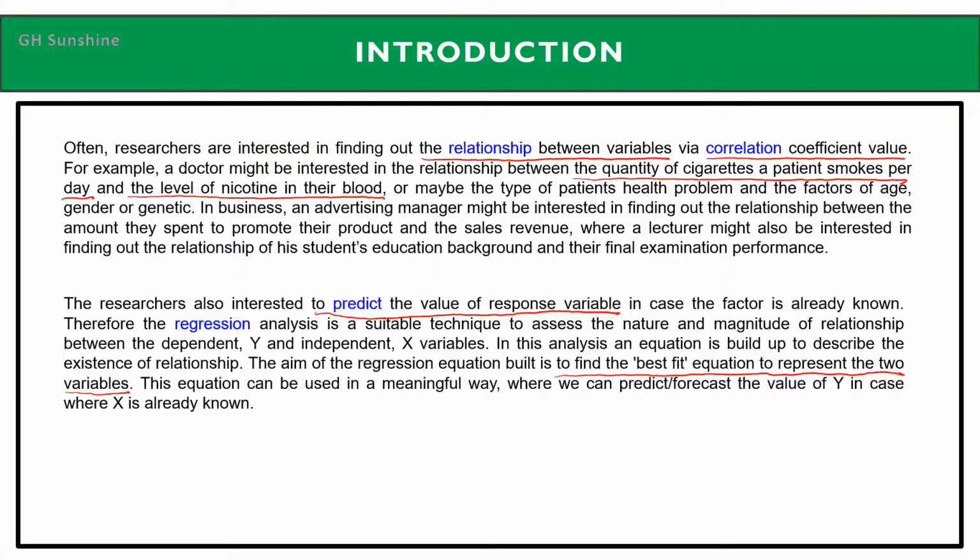When the researchers are interested in two variables, that means it is a linear regression equation. Why? Because there is one independent variable and only one response variable, two variables. So that one is a linear regression model.